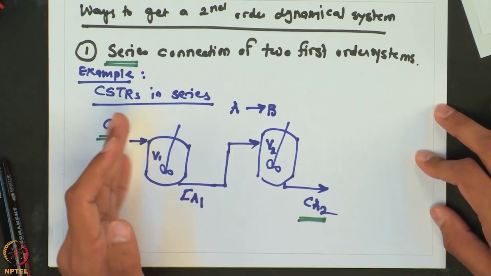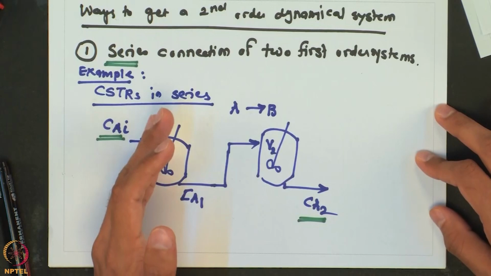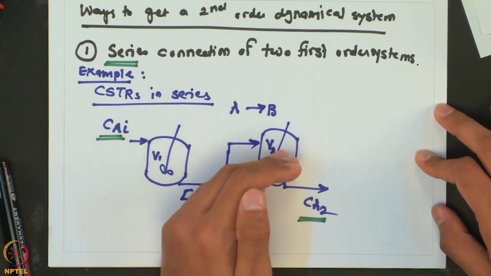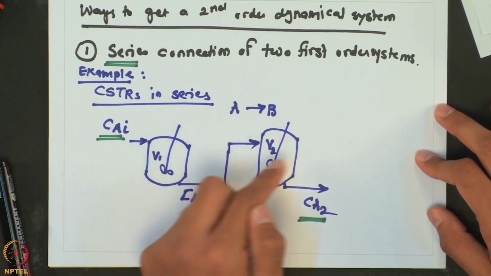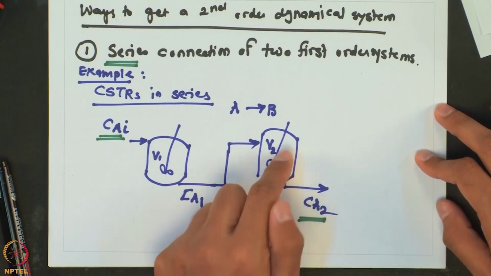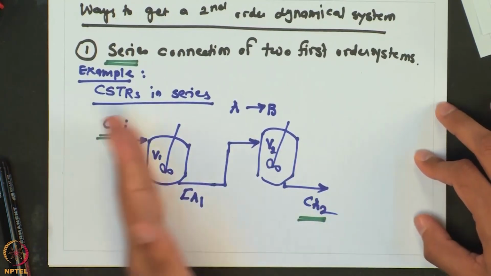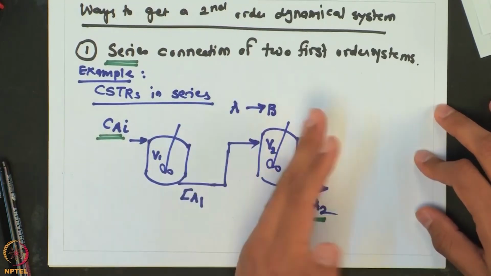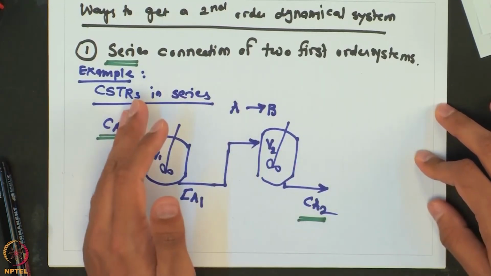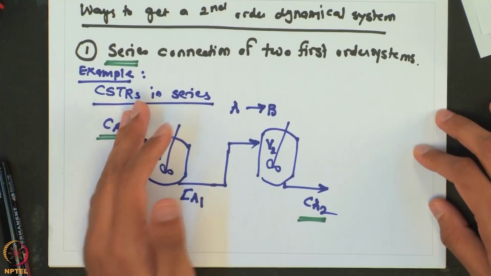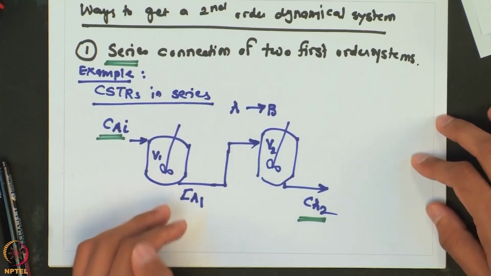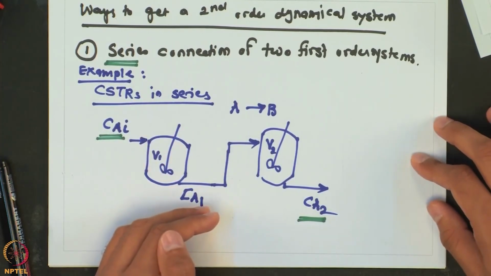So, when we have any changes in reactor 1, they are going to get translated to reactor 2. However, if there are some changes in reactor 2, they are not going to get back propagated to 1. So, the direction of interaction is only in one direction. The second tank does not interact with the first one. That is why this type of connection is also known as non-interacting series connection.